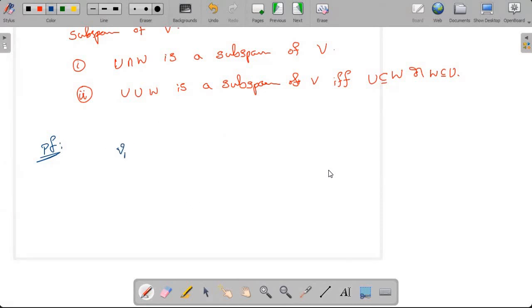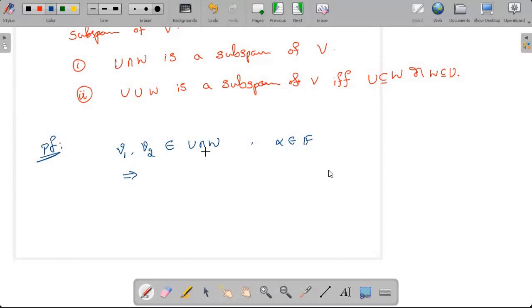So let me assume that V1 comma V2, these are elements of U intersection W, and alpha is an element of F. So you are saying V1 and V2 are elements of this intersection.